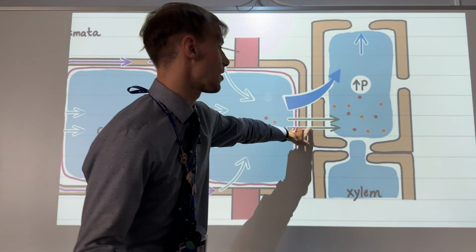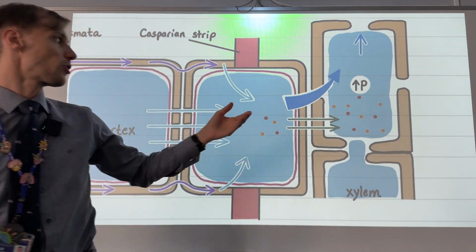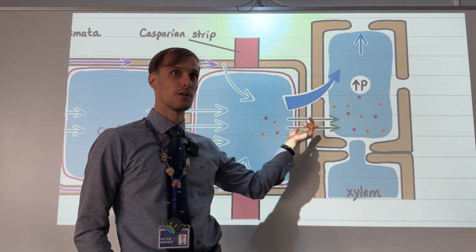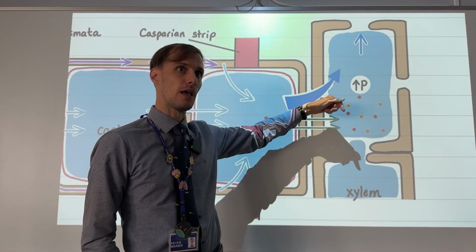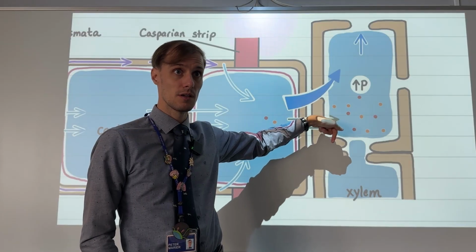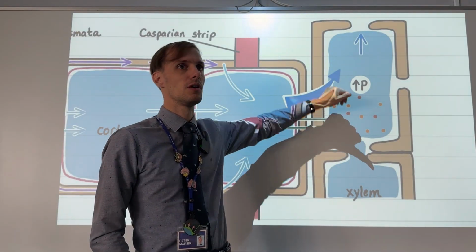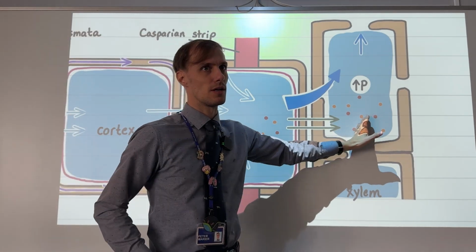So what you see here is similarly to what we did in the root hair cells, we're using active transport to pump ions from the cortex into the xylem. And the water potential has now also decreased, because if I'm increasing solute potential, I'm decreasing water potential, and now it's going to enter in this way.